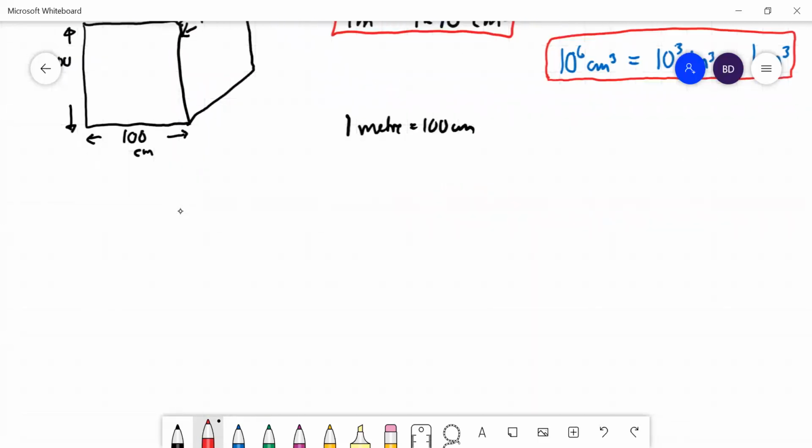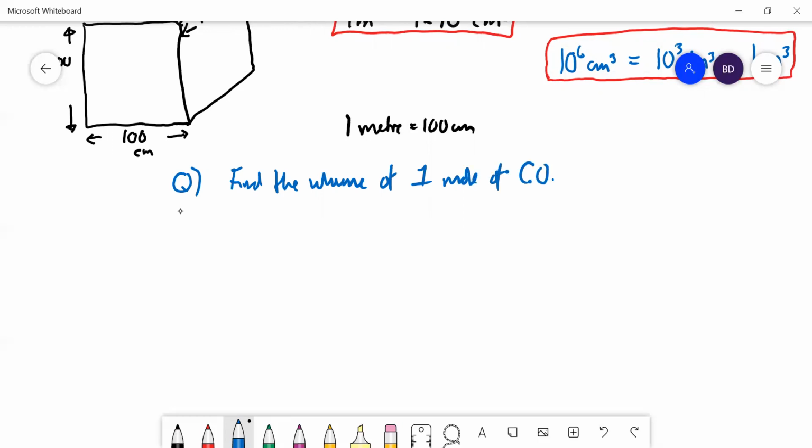Let's say the question says, find the volume of 1 mole of CO2. It doesn't matter what the gas is, 1 mole of anything will have the same volume.